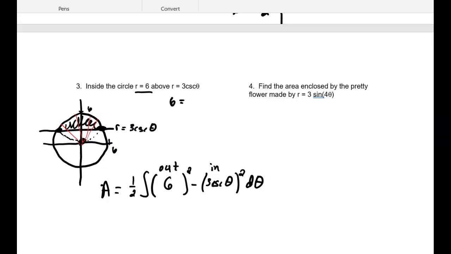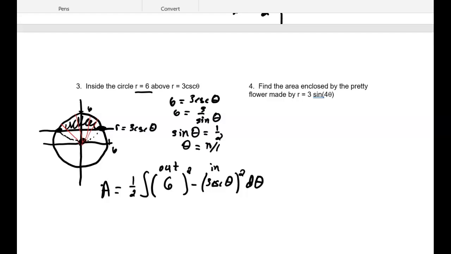So where does 6 equal 3 cosecant of theta? If we went ahead and solved this, this is really just 3 over sine of theta. So multiply the sine of theta over. That would then equal 1/2. And then what we're thinking of, we're in the first quadrant and in the second quadrant, what angles have y coordinates of 1/2?